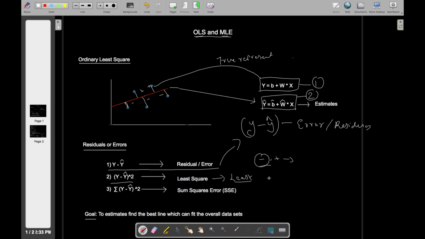If we take the summation from i equals 1 to n of the squares of the differences between the actual value yi and the predicted value, this is called the sum of squared error, SSE.